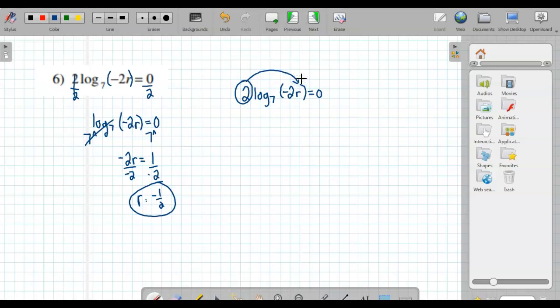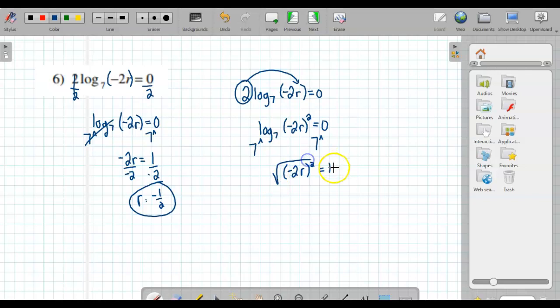And if we do that, then we would have log base 7 of negative 2r to the second, and that would equal 0. So if we do the same thing again, 7 to the power and 7 to the power, then we are going to get negative 2r squared equals 1.